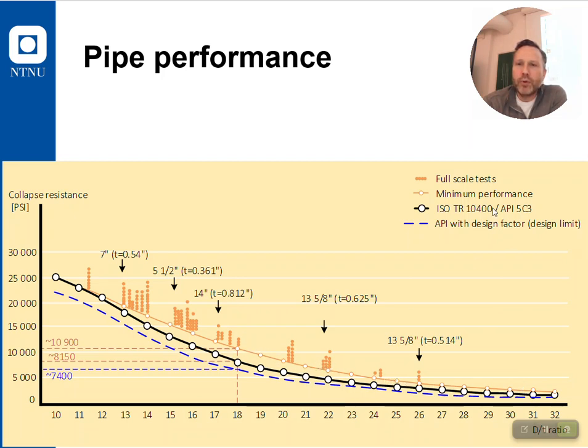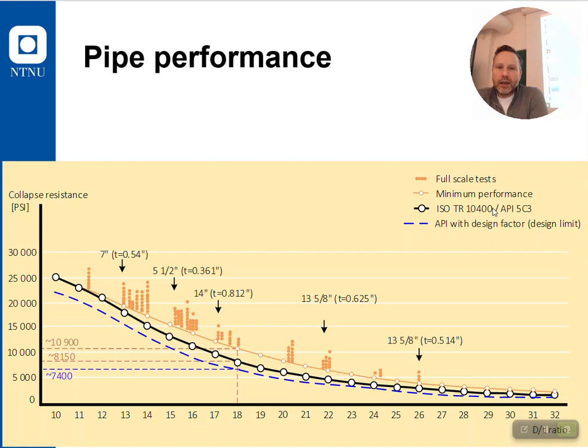Now, if you plot the API performance from 1960, it's the black curve below. So that's how the minimum performance with a certain baked-in safety factor would perform, right?